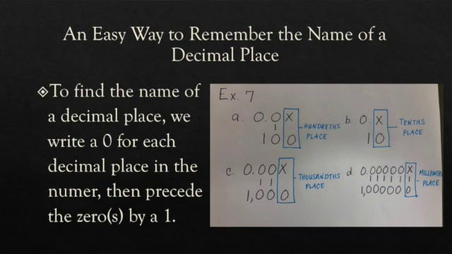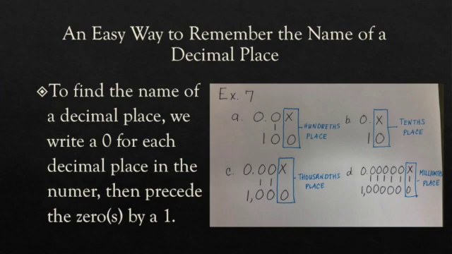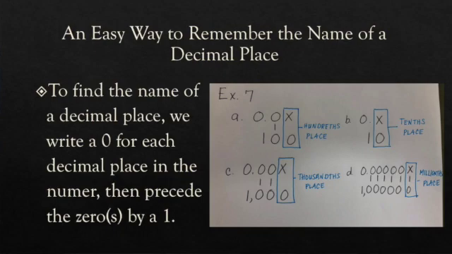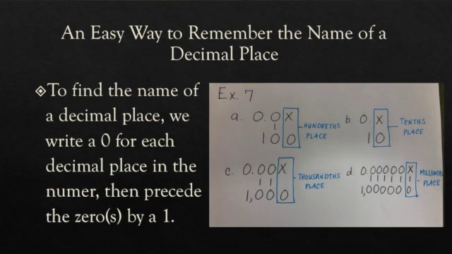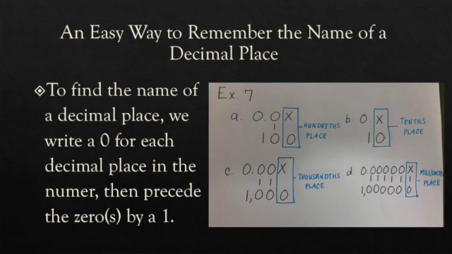Now here is a little trick. You can write the number 1 where the decimal is and then just put zeros after it. So this helps you. You see this and you see that this is the hundredths place.